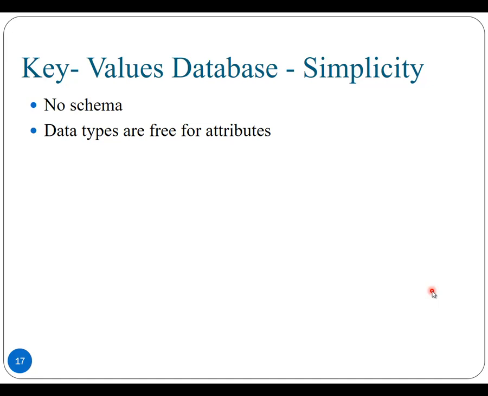One of the other simple things in the key value database is that the data types are free for the attributes. For example, for each of the data, we could have different types for the values of the attributes. Okay, for example, the grade could be a character, and it could be a number.